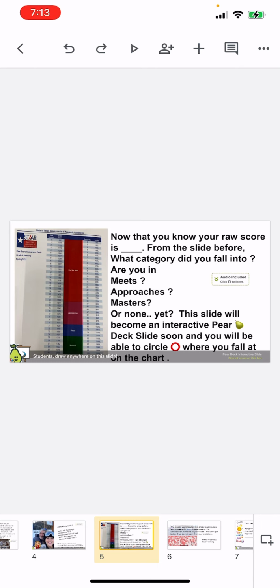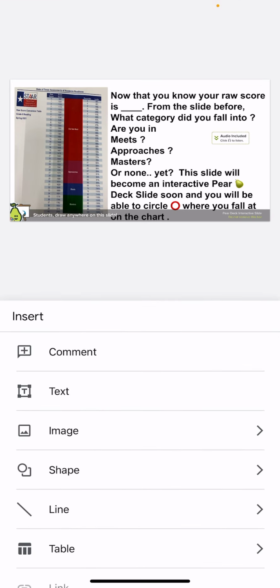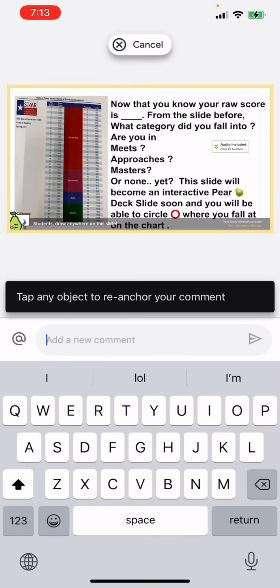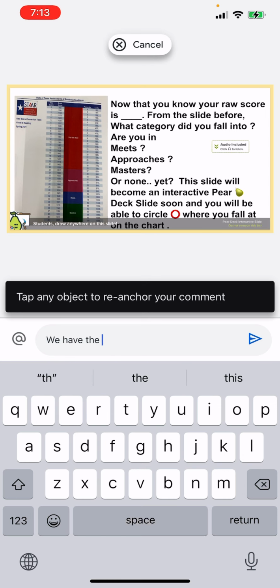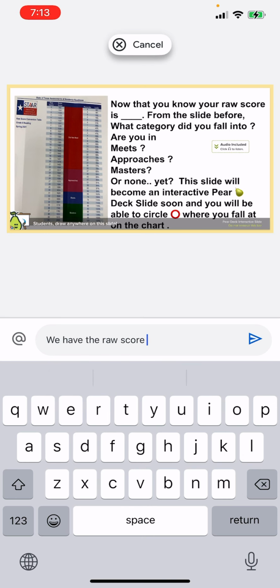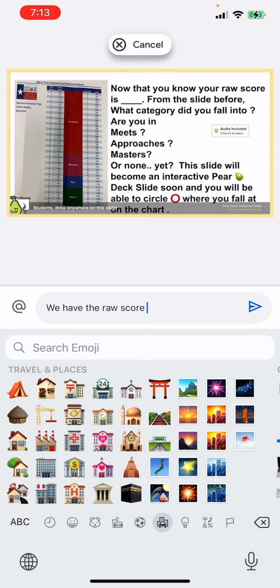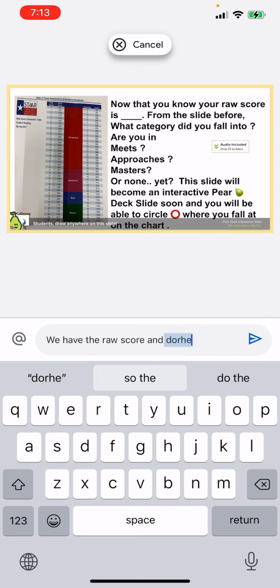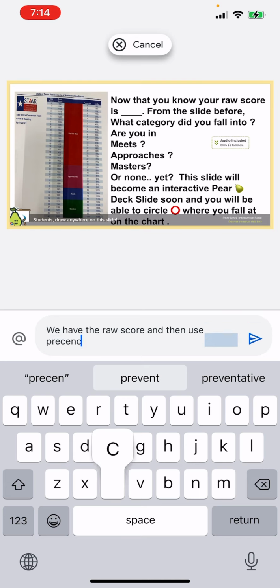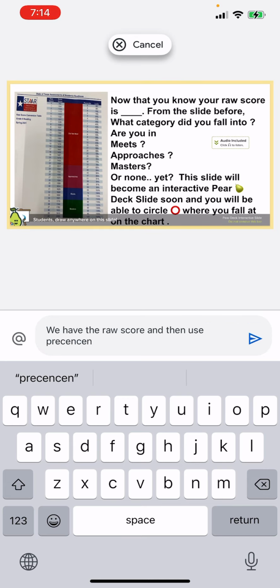I'm going to put a little note on there in the comments that we have to use the raw score and then do the percentile. You're going to use the percentile column.